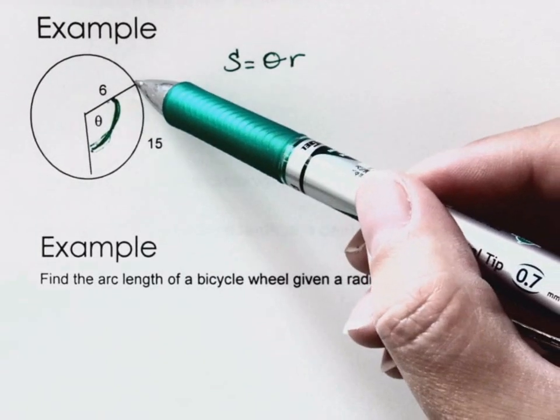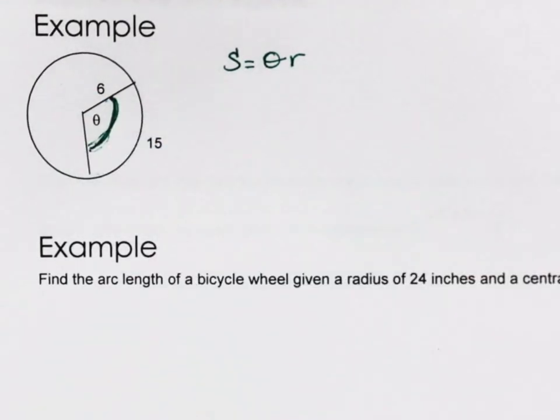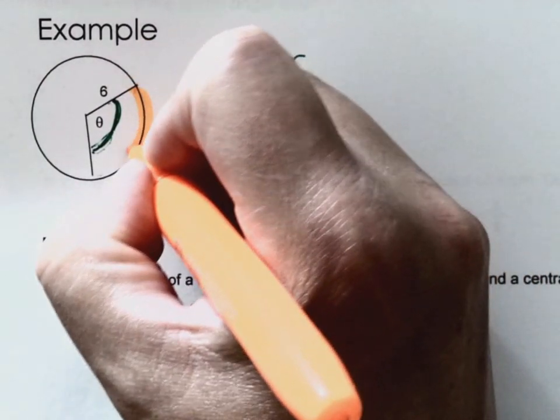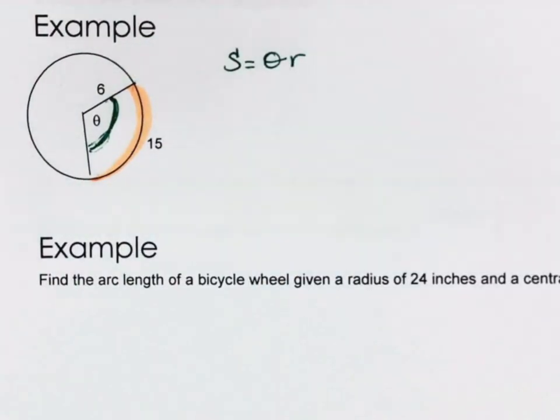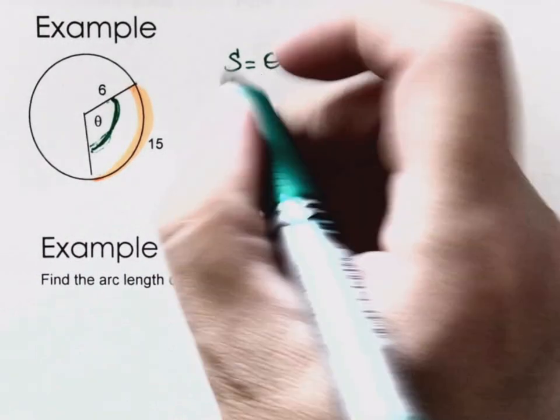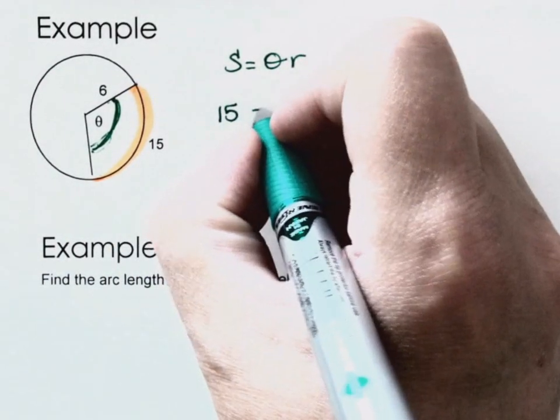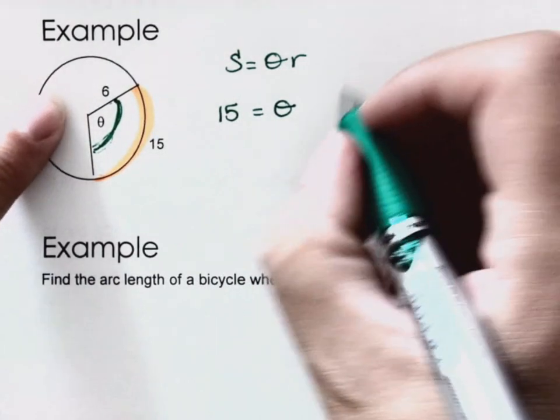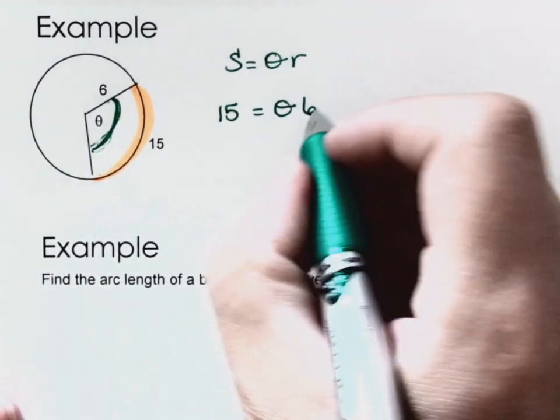The arc length is measured along the circumference between the two radiuses. So that's my arc length, 15, which goes in for S. I'm trying to solve for theta. I don't know it, and my radius is 6.